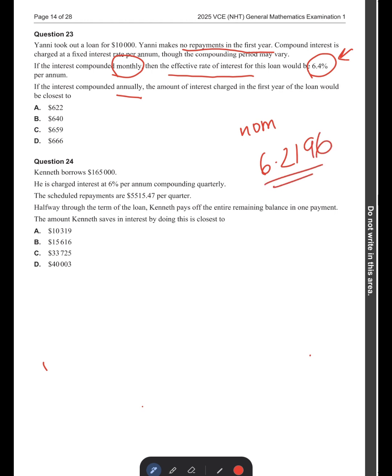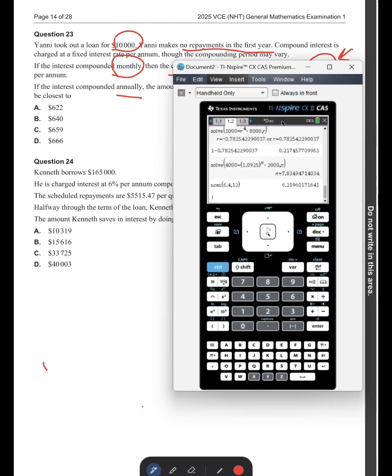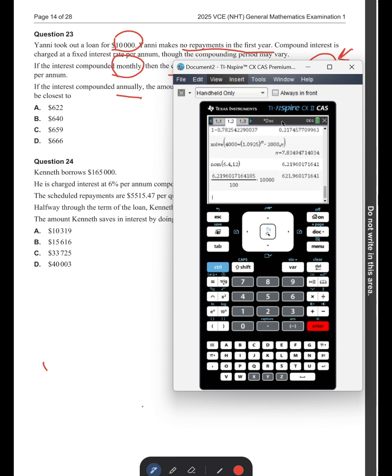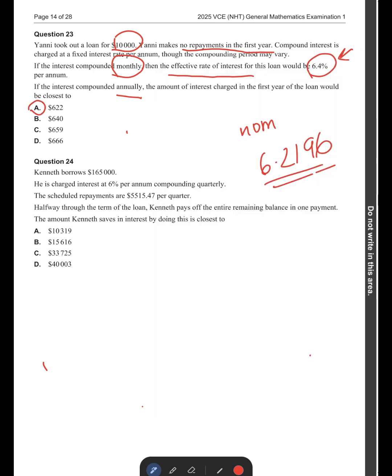Okay, now I borrowed $10,000. Now I'm compounding annually, which means I now don't have to do anything with that. All I'm going to do is take this value, divide it by 100, and then times it by 10,000. Okay, so we've got $621.96 or $622.